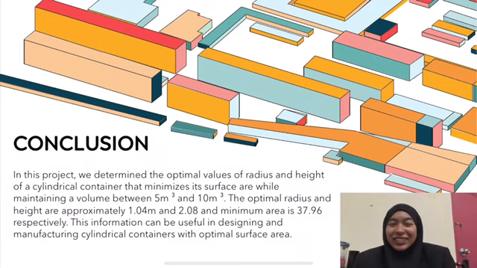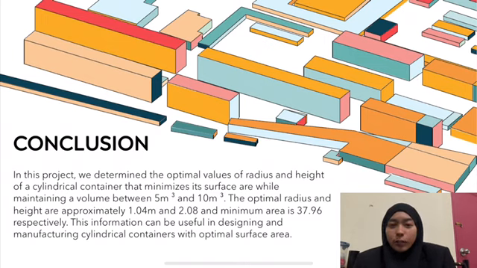And lastly, for the conclusion, in this project, we determined the optimal value of radius and height of a cylindrical container that minimize its surface area while maintaining a volume between 5 meter cube and 10 meter cube.